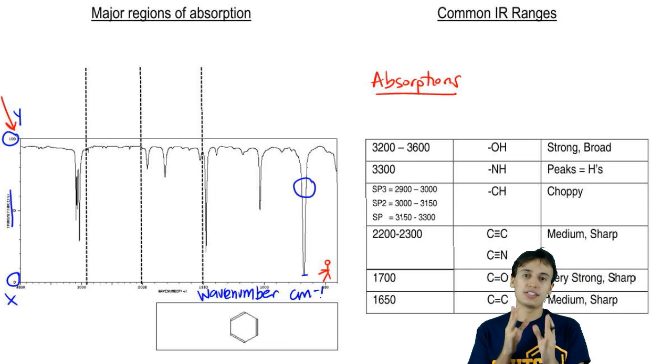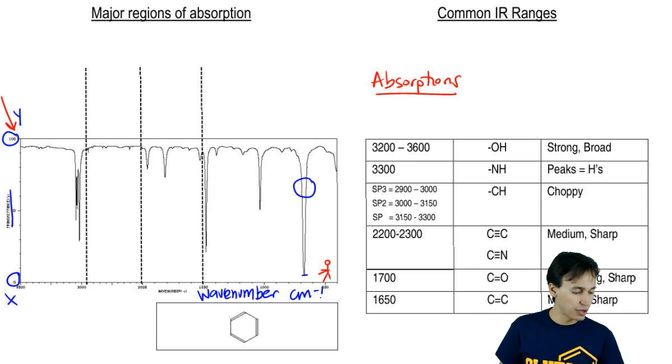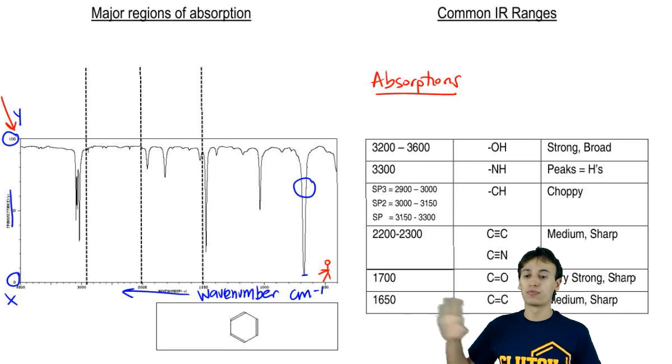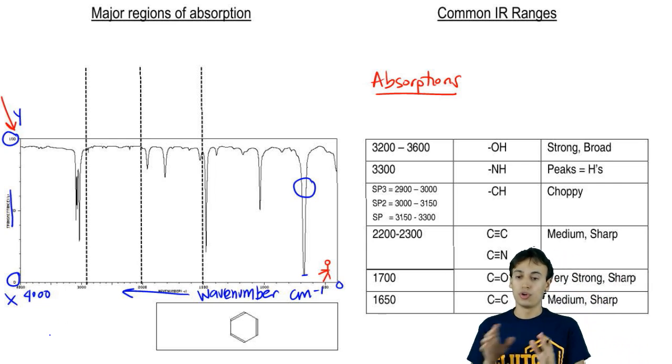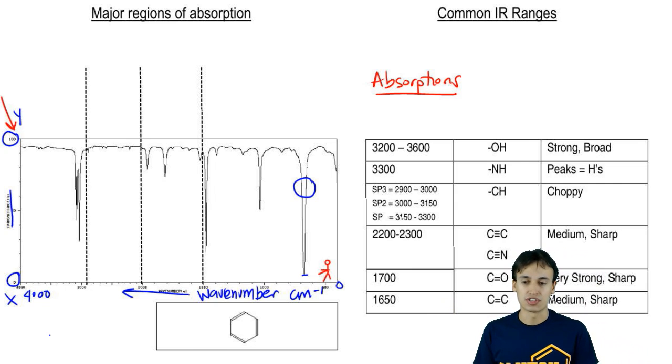But really, what this is a measure of is more like frequency. So all you need to know is that as your wave number increases, the frequency of the light also increases, okay? And it starts off at 0 and it ends up around 4,000, okay? So those are the different frequencies that we're measuring, okay?